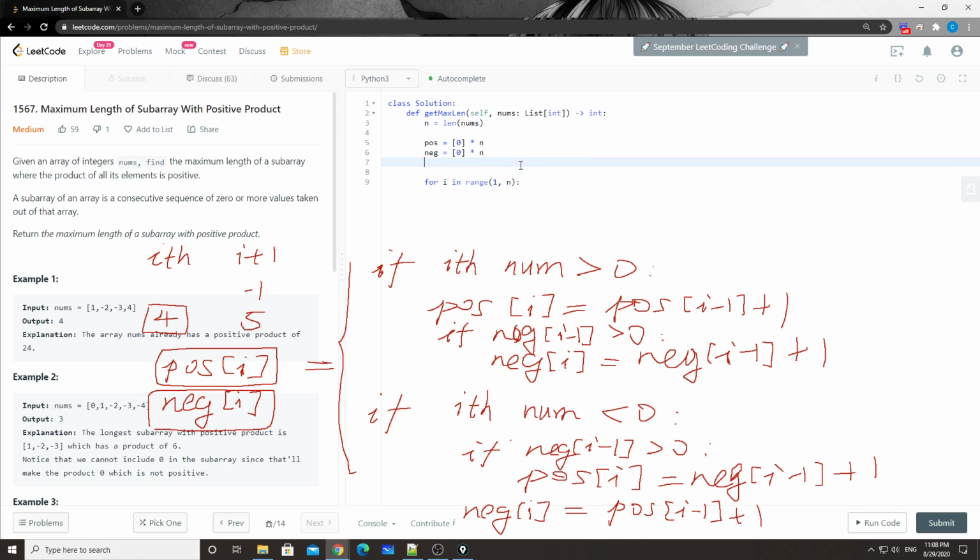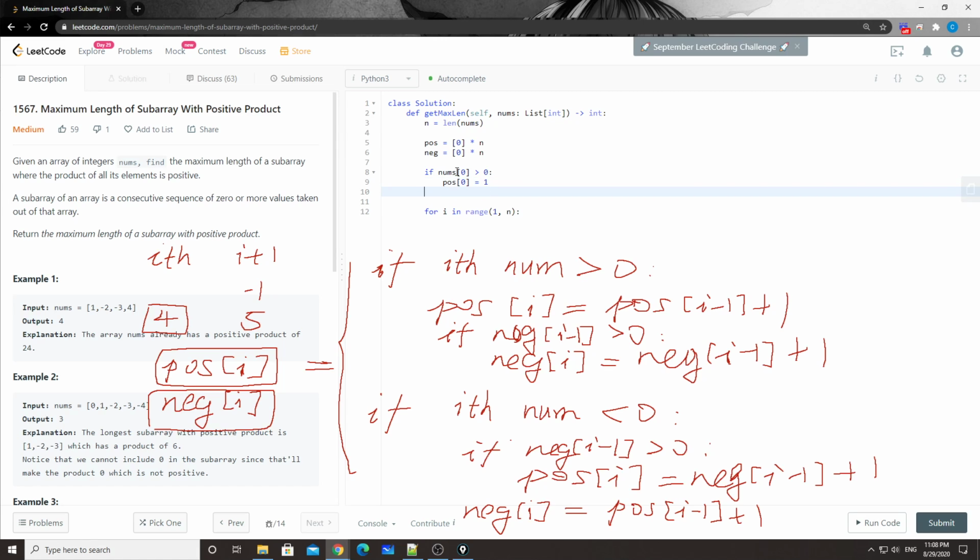Since we start from 1 here, we need to initialize index 0. It's pretty straightforward. Basically, if nums of 0 is greater than 0, then positive 0 is 1.